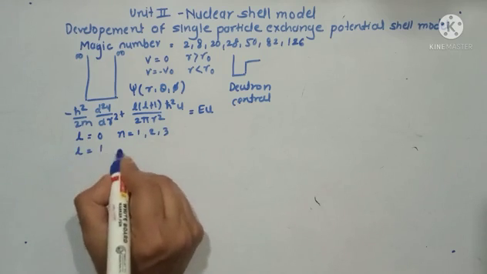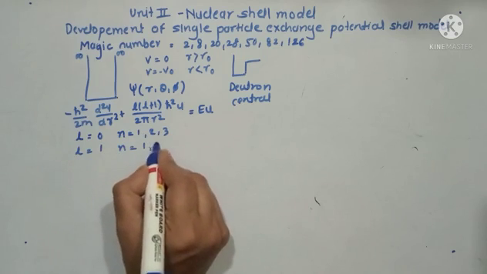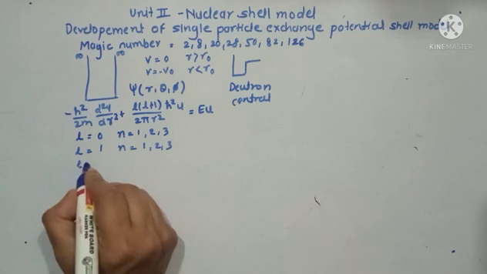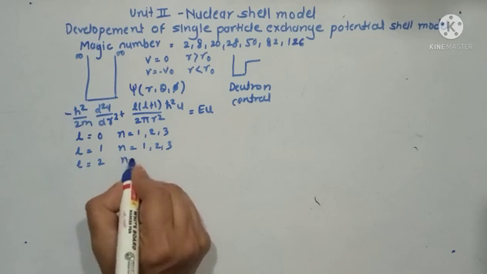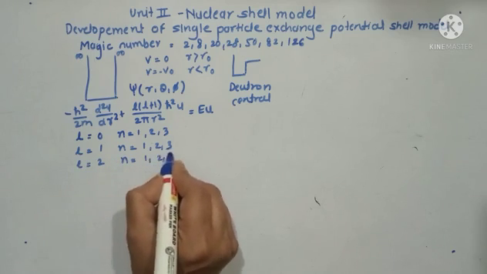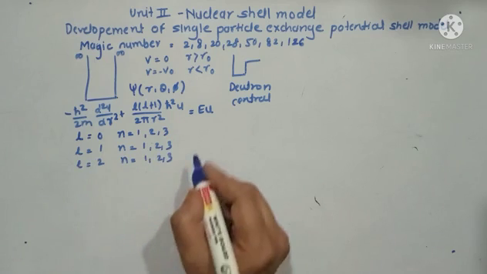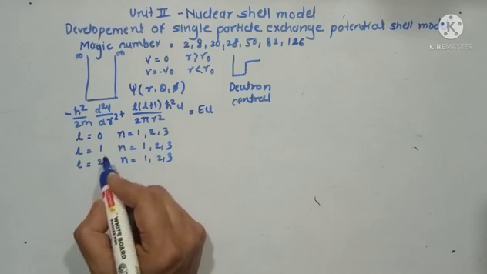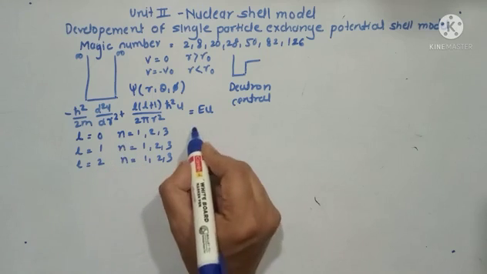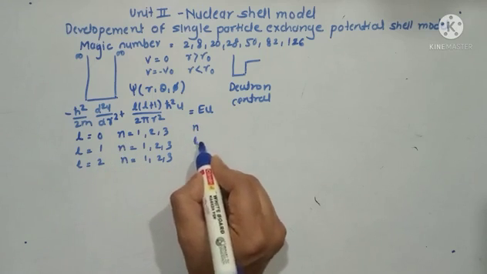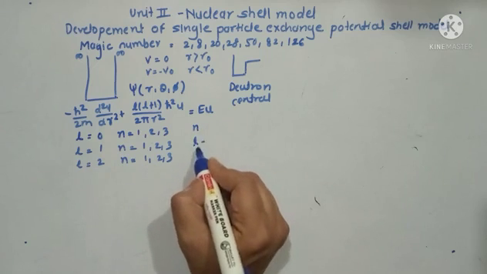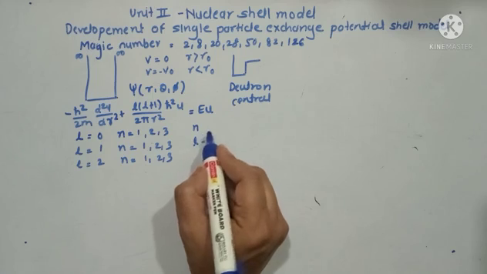For l equal to 1, n is again 1, 2, 3. For l equal to 2, again n is equal to 1, 2 and 3. Here we can see that the relation between the principal quantum number n and orbital quantum number l is not the same as that of atomic and molecular physics.